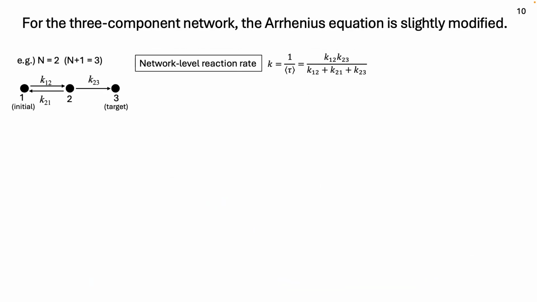And then what we want to know is the network level reaction rate. By analogy with a single reaction, the network level reaction rate is 1 over the mean first passage time. And we know the mean first passage time, so the network level reaction rate is this equation.